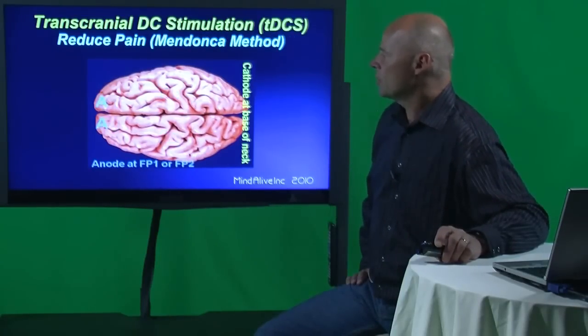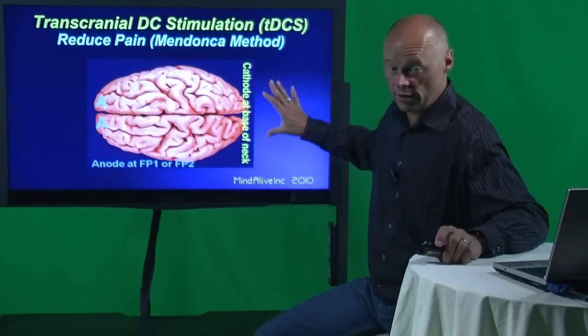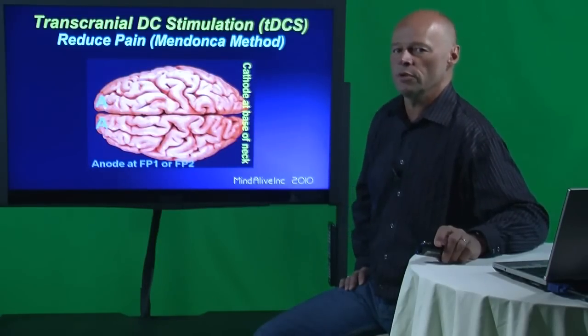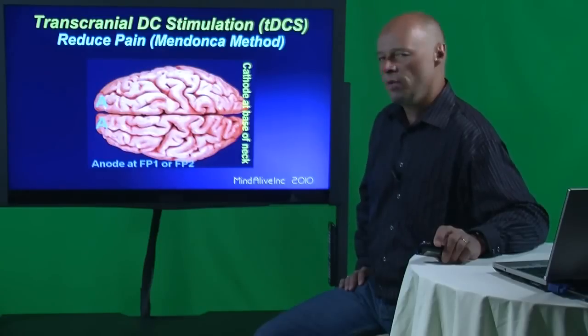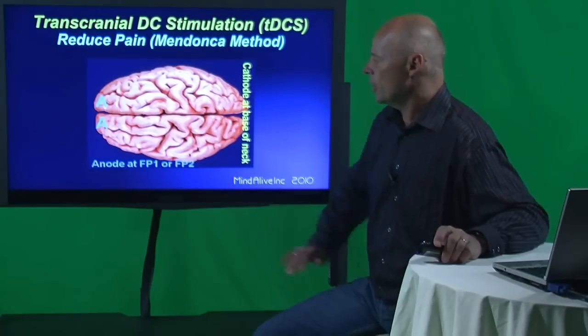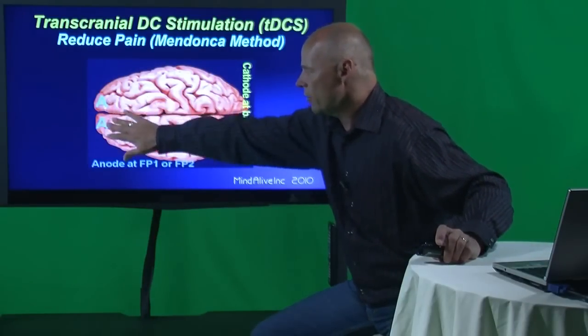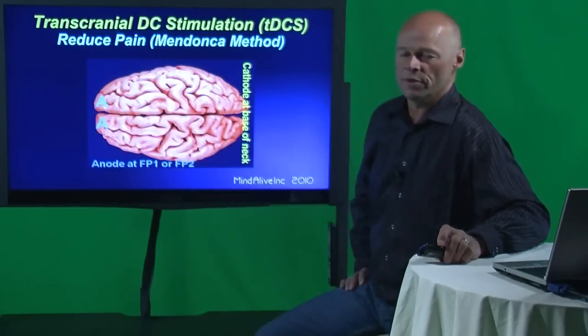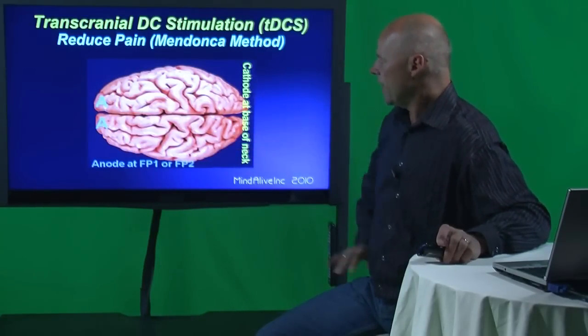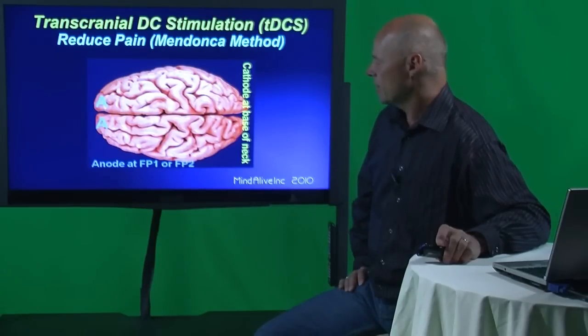Another method of reducing pain which Mendonca looked at, he thought, well, is really the motor strip the issue with reducing pain? Or might it really be that the prefrontal lobes have the inhibitory circuits for pain? So he tried another approach. He tried stimulating either prefrontal lobe just above the orbits, or basically at FP1, FP2, and he put the cathode at the base of the neck.